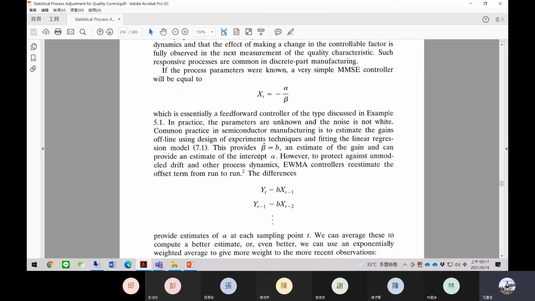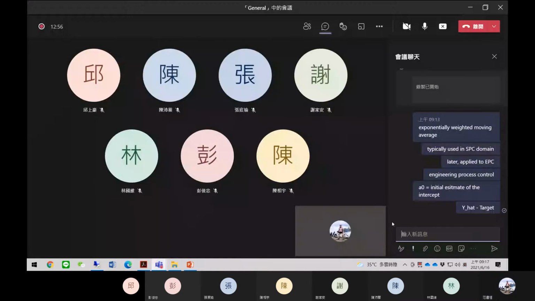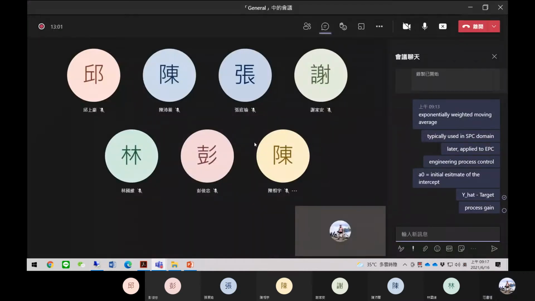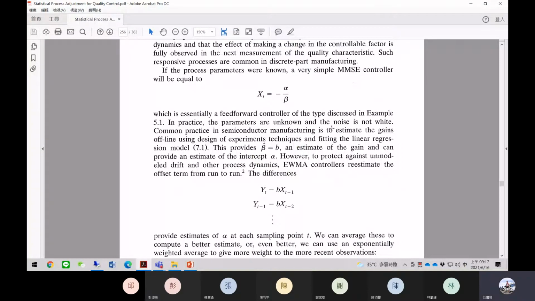So beta hat equal to B is an estimate of the process gain, and can provide an estimate of the intercept alpha.